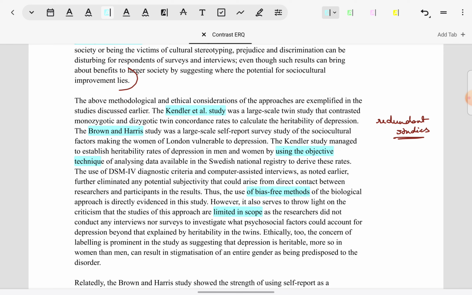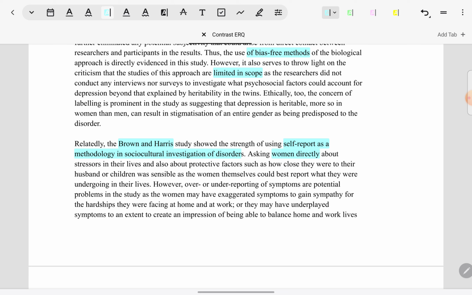Same way, the Brown and Harris study has been used to show how self-report is very helpful because asking women directly was very effective in knowing phenomenologically what they are going through. But at the same time there is a risk that they might have over-reported their symptoms or under-reported them. So again, the same points which we've already explained in terms of Criterion B, we're just pointing out where we are finding them in the studies.